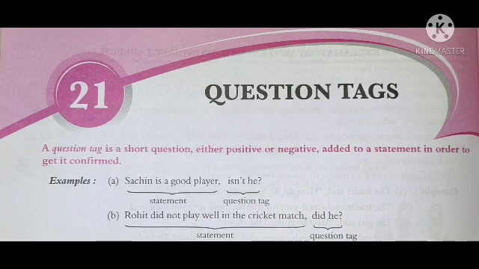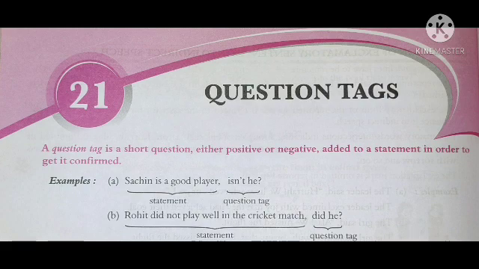Rohit did not play well in the cricket match, did he? Rohit did not play well in the cricket match is the statement, and did he is the question tag. So, what did you notice, children? A question tag is just like adding a question after the statement, and it is formed in the same way as we convert a given sentence into a question.